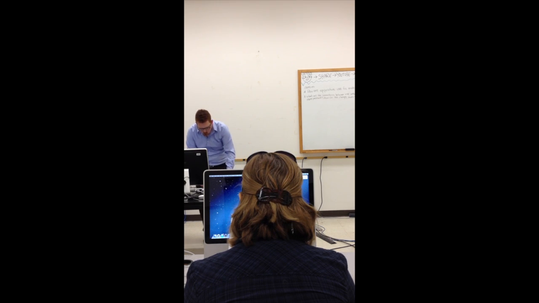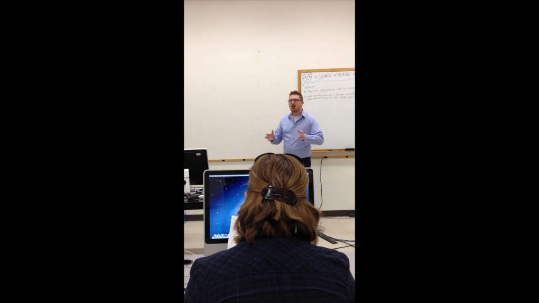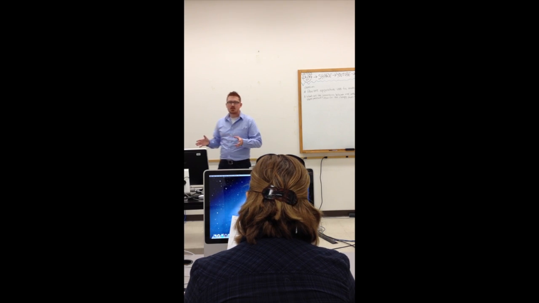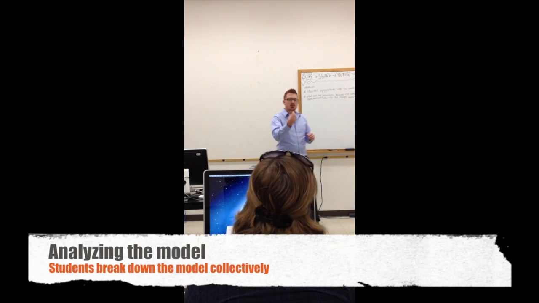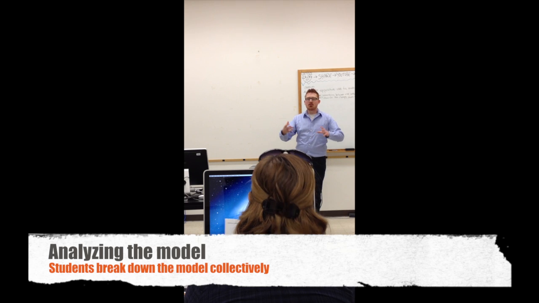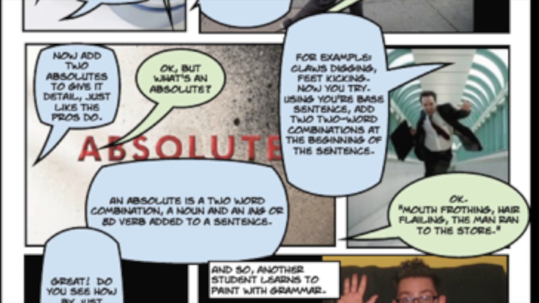So I want you to take a moment and just take a look at the comic. So as you can see, you began with a base sentence. The man was running. And then in order to make that sentence more vivid, to illustrate the actual circumstances the man was going through, what did we add? They added ing words like mouth frothing, hair flailing.